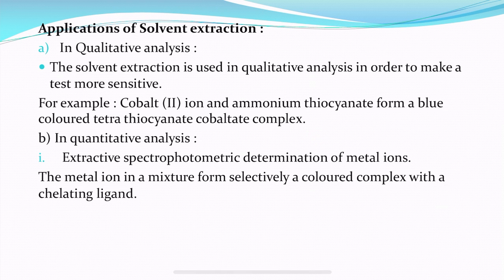The formation of the blue colored complex can be more easily seen by adding a few drops of amyl alcohol. This is an example where we use solvent extraction for cobalt 2 ion and ammonium thiocyanate. The complex is further extracted into the organic layer by shaking.